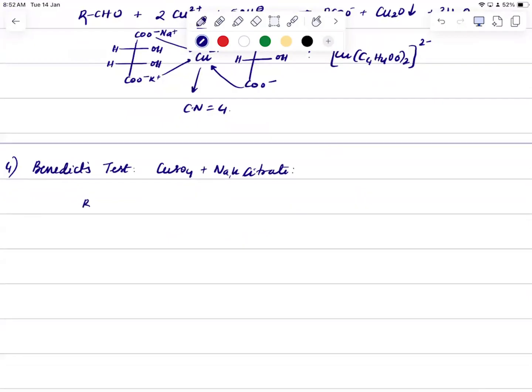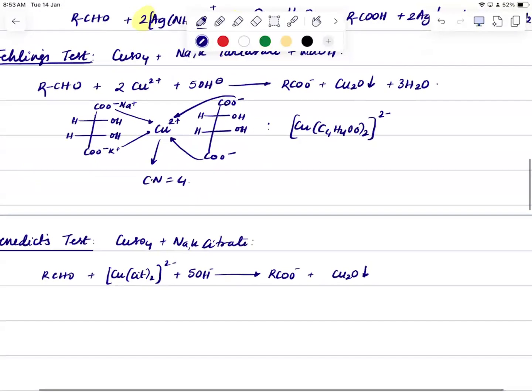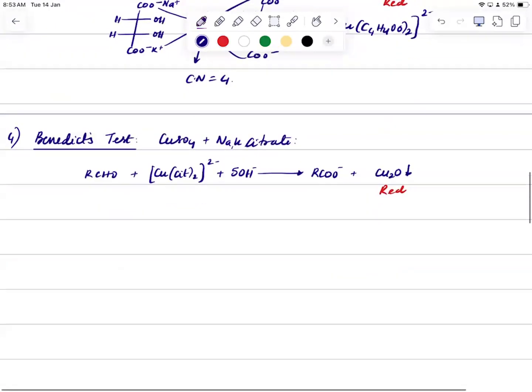The reaction is the same: RCHO plus copper with citrate twice, overall 2-, again 5 moles of OH-, and that would give us RCOO- and Cu2O, a red color precipitate. Red precipitate formation here in both the cases. Clear?